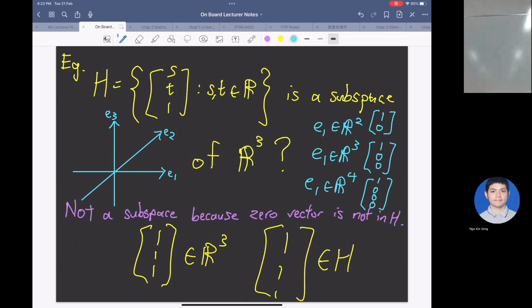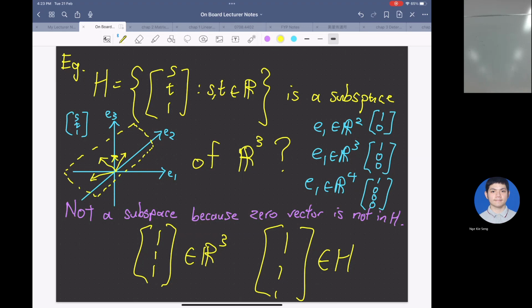Anyway, let's come back and see where this set is in this diagram. The 1 is on the E3 axis, so all of them have at least this height. Everything is something like this. Actually it is a plane: if you imagine the plane on E1, E2, you shift it up by 1.